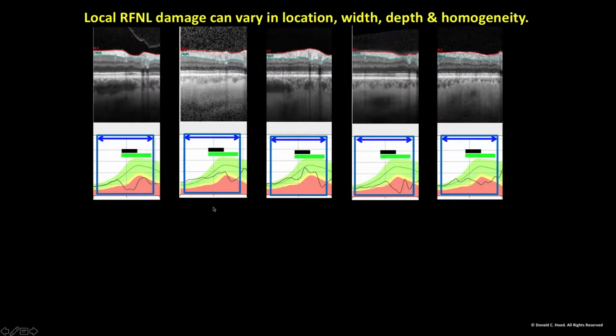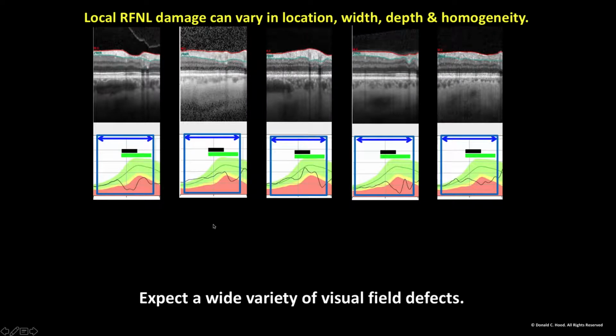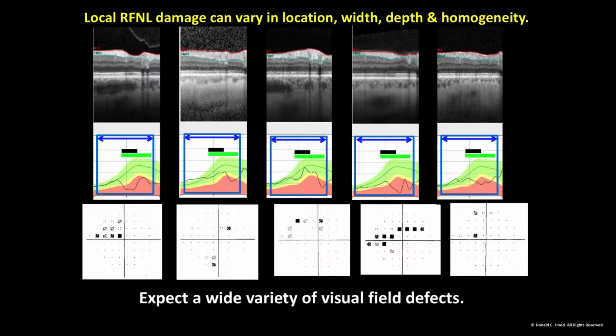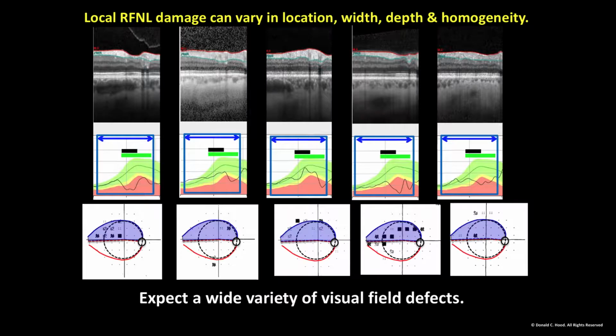All right, so given that variation, we should expect a wide variety of visual field defects. In fact, we should expect an infinite variety of visual field defects. And that's what we get. So here are the visual field defects shown as probability plots for these 5 eyes.